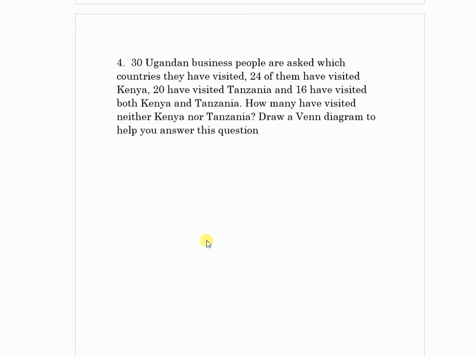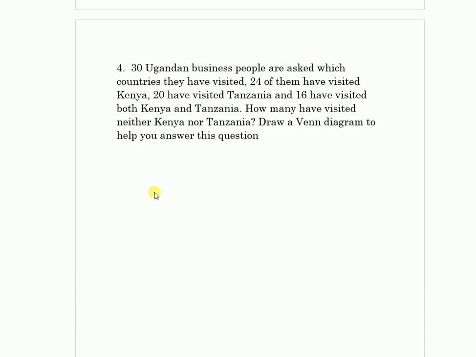Example 4 is here. 30 Ugandan business people are asked which countries they have visited. 24 of them have visited Kenya, 20 have visited Tanzania, 16 have visited both Kenya and Tanzania. We shall assume that K will stand for Kenya and T for Tanzania.